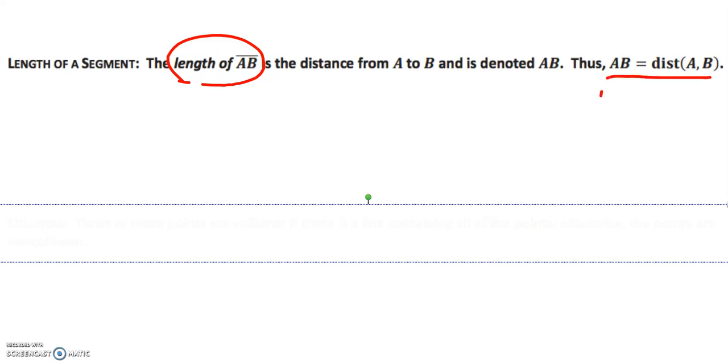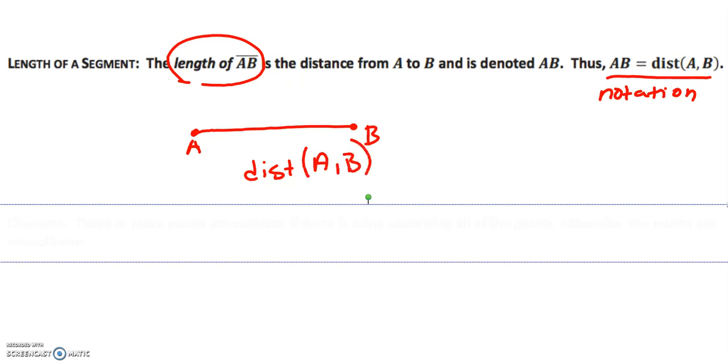If this point is A and this point here is B, then this is the distance from A to B. I write this distance as dist AB, D-I-S-T, A-B. Whatever that is, maybe 5 centimeters.